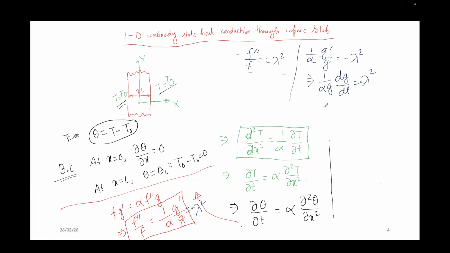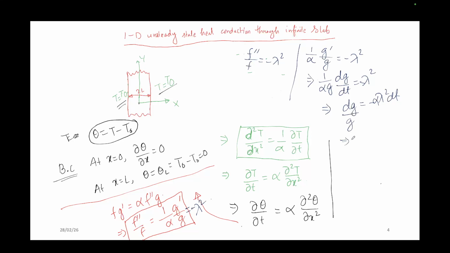This dg by g is minus lambda square alpha dt.